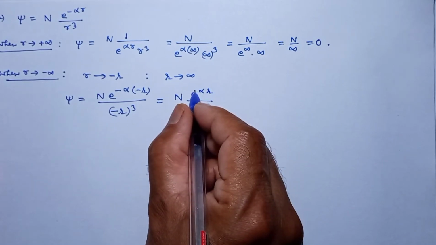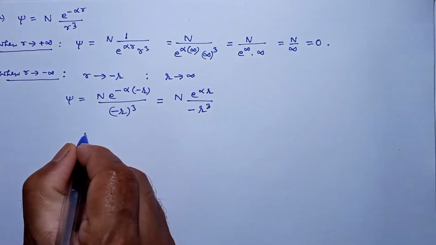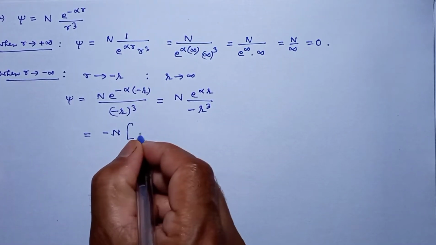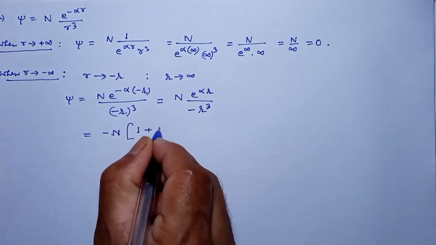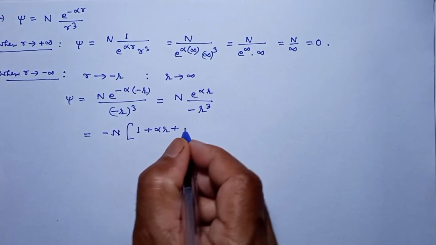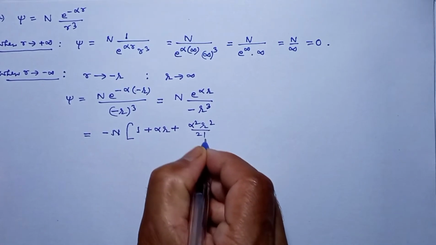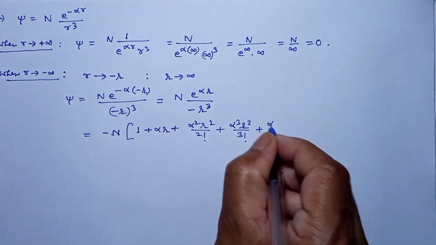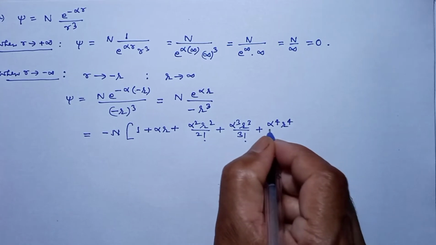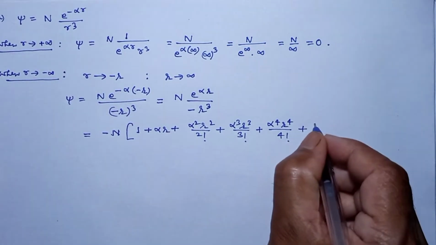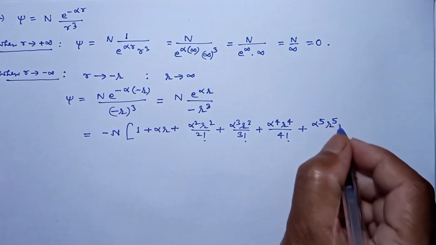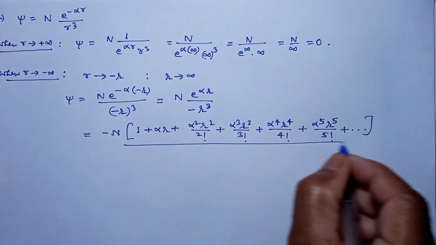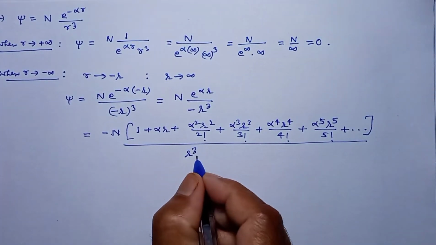Now we expand it. So it becomes minus N, and this becomes 1 plus alpha R plus alpha square R square upon factorial 2 plus alpha cube R cube upon factorial 3 plus alpha 4 R to the power 4 upon factorial 4 plus alpha 5 R to the power 5 upon factorial 5 and so on, divided by R cube.